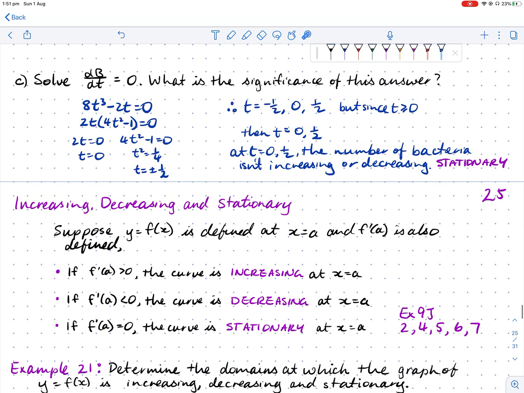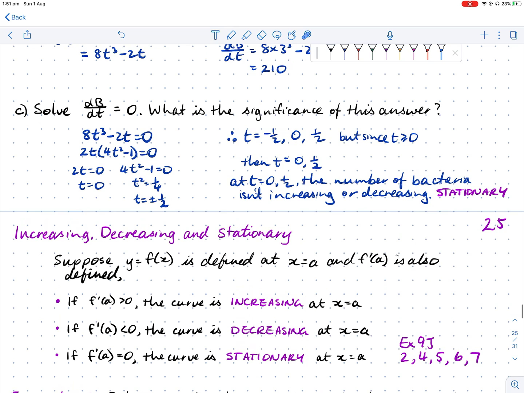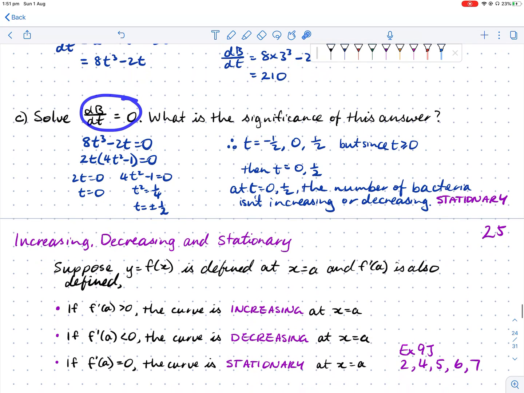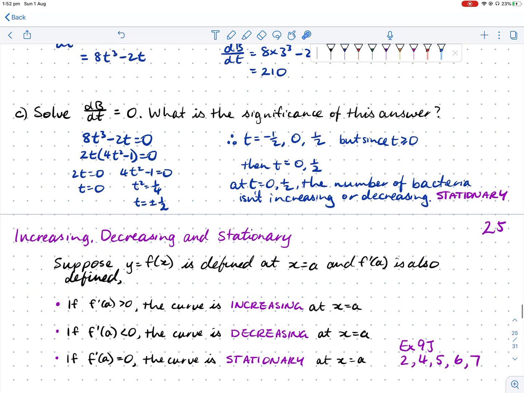Just quickly going over a bit of terminology. Based on this, we've talked about dB/dt equal to 0, and we've also worked out rates of increase as well. If we're looking at a particular graph, we can say that the graph is increasing or decreasing. Increasing means there's a positive gradient, decreasing means it's got a negative gradient, or it could be stationary.